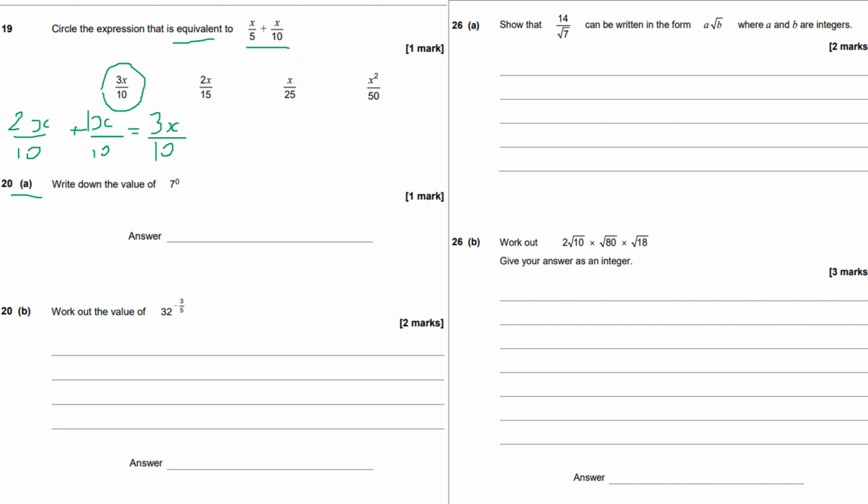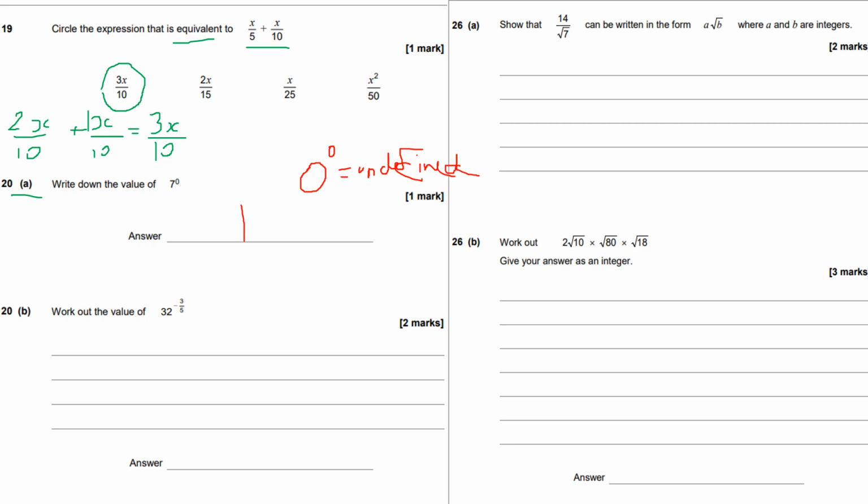Question 20a, write down the value of 7 to the power of 0. Well, any number or any letter to the power of 0 is equal to the number 1, apart from 0 to the power of 0, because that's actually undefined. So apart from this special case, any letter or number to the power of 0 is always equal to the number 1.